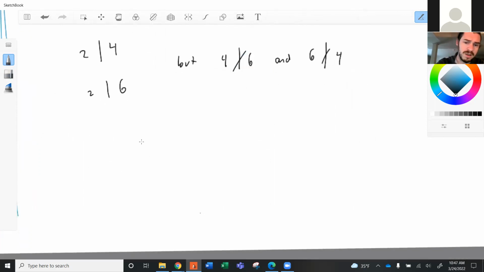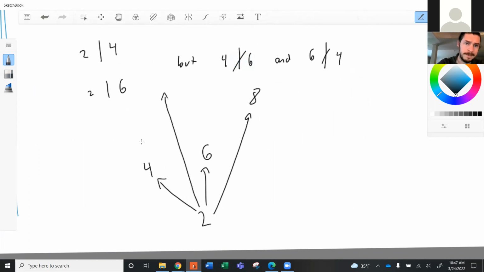You can build these kind of intricate diagrams. Looks sort of like this. And 4 is related to 8. And 4 is related to 12, and 6 is related to 12. But you have some amount of connections, right?